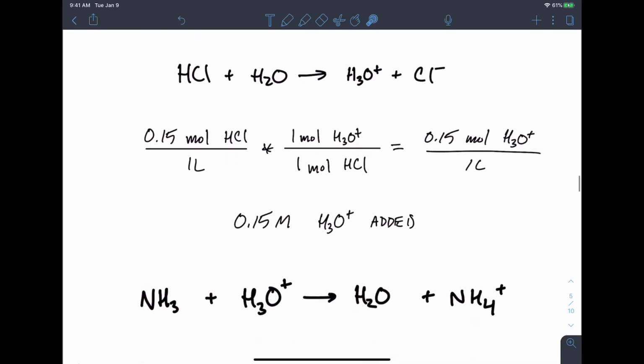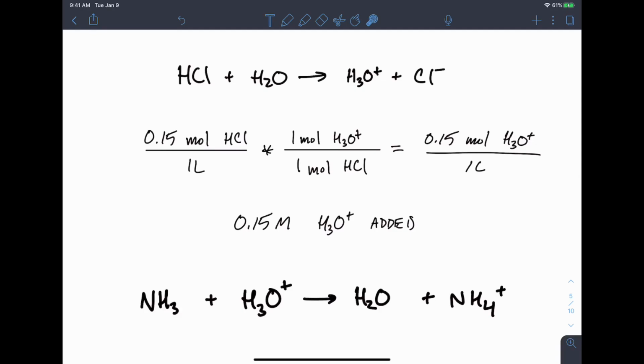So keep in mind that when we add a strong acid, that acid's going to react completely to form hydronium and the conjugate base. We don't really care about the conjugate base in this case because the Cl- doesn't appear anywhere in our reaction, and so what we're really concerned with is the hydronium that's produced when we dissolve this acid into our solution.